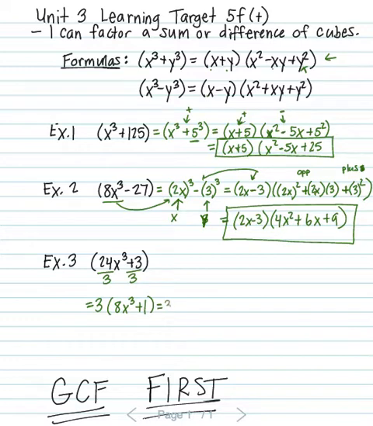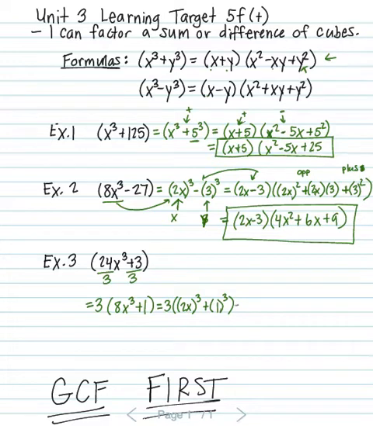So let's rewrite these things so that it's something to the third. Well, 8x to the third. 8 is 2 to the third, so 2x to the third. That's how we would rewrite that one. 1 is maybe just not obvious, but we could rewrite that and say 1 to the third. 1 times 1 times 1 is just 1.